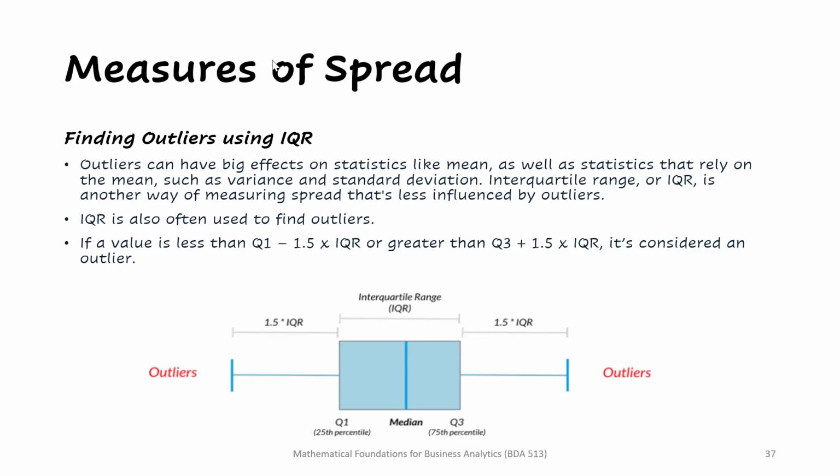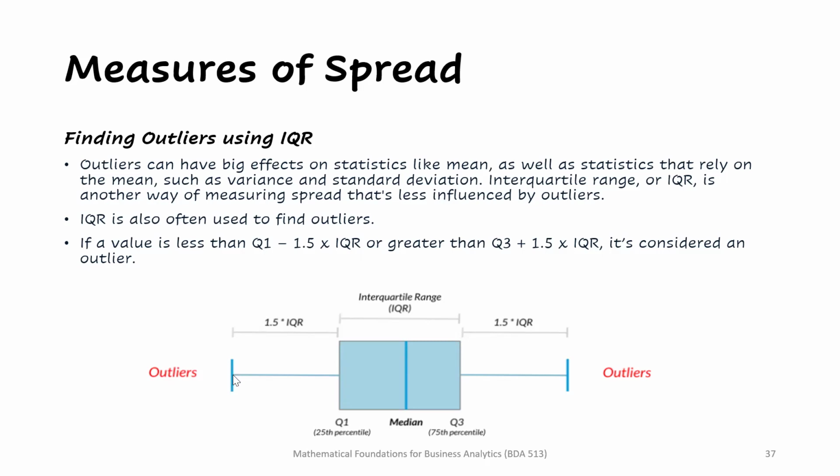Okay, sorry, I'm back. So in order to determine the value for the minimum number, you take 1.5 times the interquartile range and deduct it from Q1, the lower quartile. That will give you the minimum number.